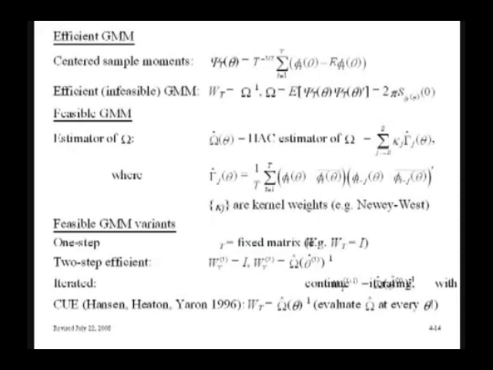First of all, I'd like to introduce this idea of the centered sample moments. What in the world is this? Phi t, remember from the previous page, is the errors times the instruments. The centered sample moments, then, this thing is going to have mean 0 at the true value theta naught. That's the identification condition in the standard GMM setup.